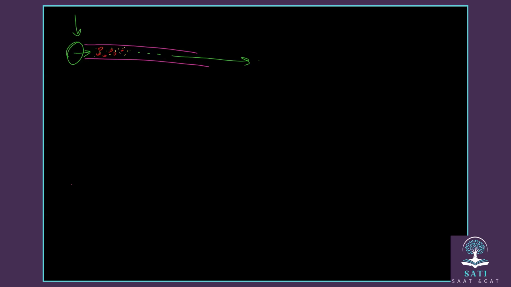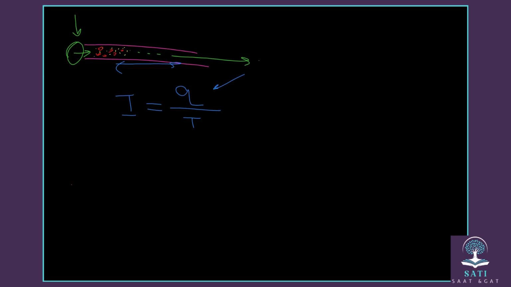Now, how many coulombs are moving in this wire per 1 second? This is the current. So the current is the number of charges that are moving in a wire per 1 second, over the time. So current equals the total charge, which is Q, over the time they moved.